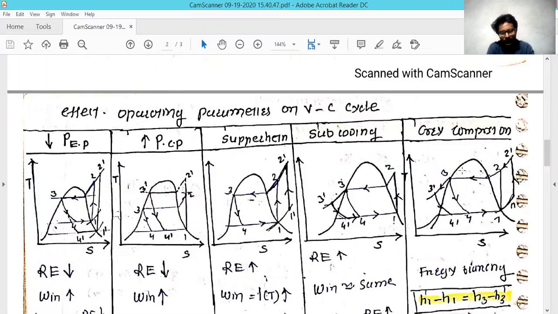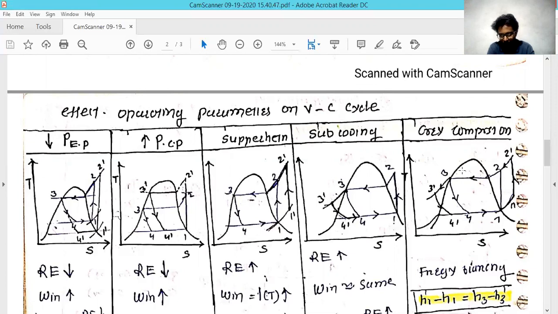Here we are going to check four conditions, as we saw for the Rankine cycle. First, we are going to reduce the evaporator pressure, which is the lower pressure of this cycle. The pressure at evaporation will be lower, which means the pressure is reduced more inside the expansion valve.